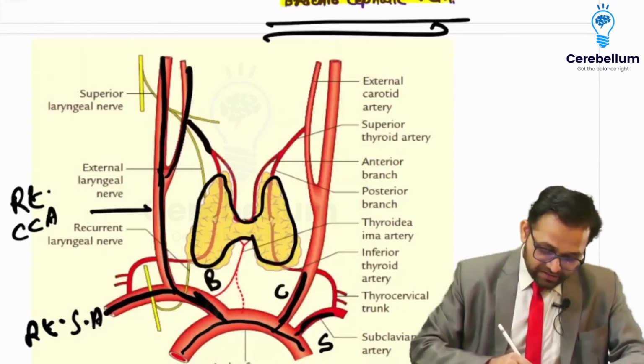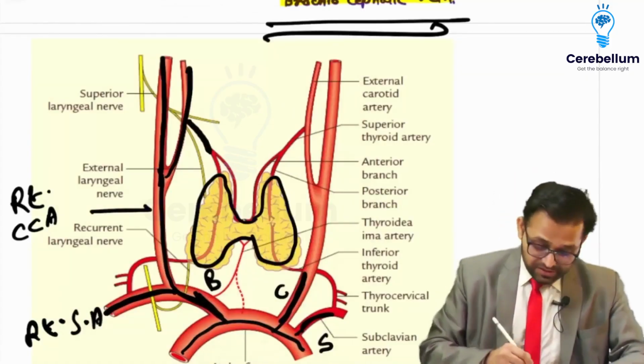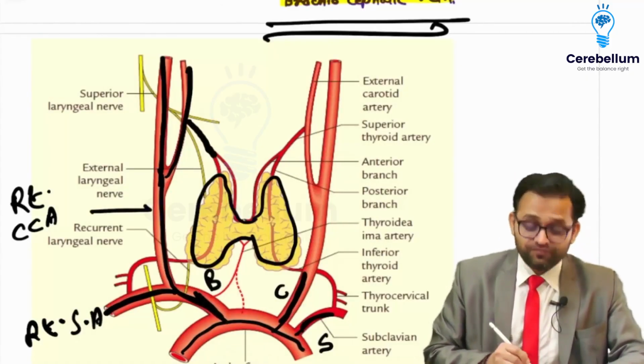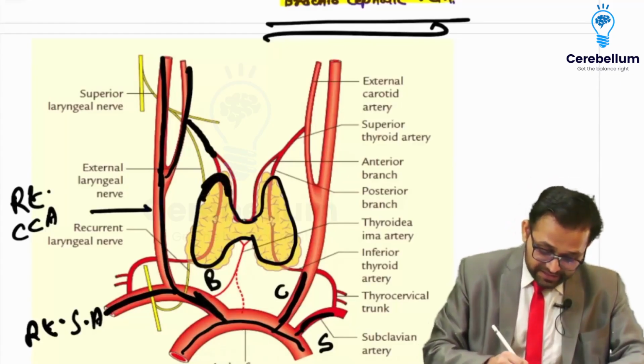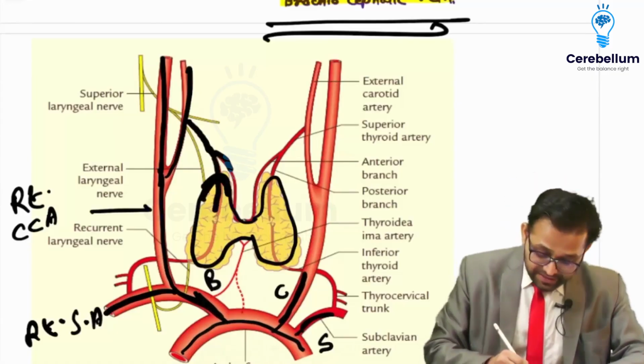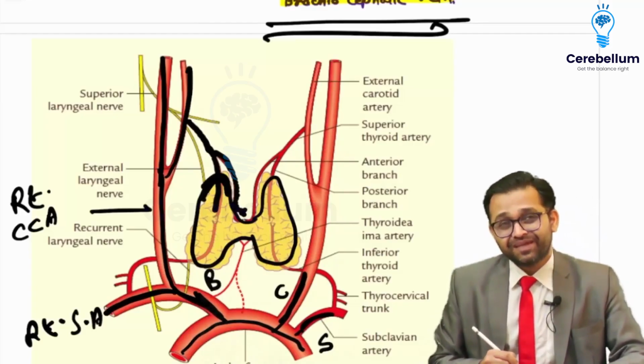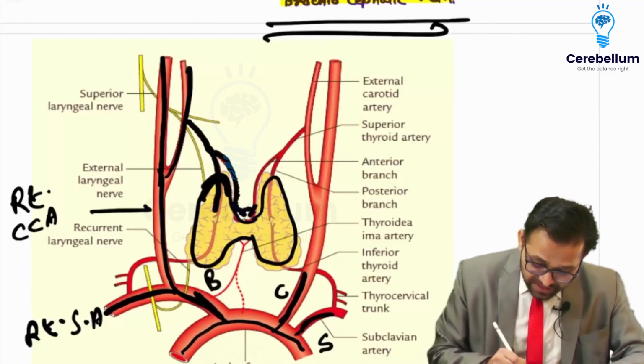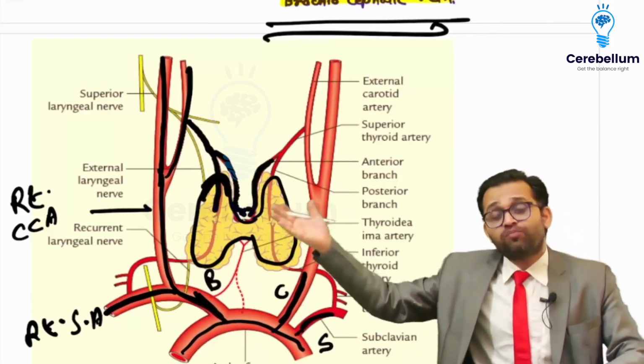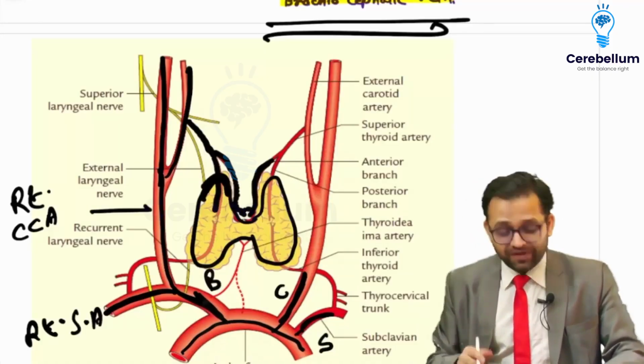This superior thyroid artery is coming down, descending, reaching near the apex of the thyroid gland, and it is dividing into the anterior and the posterior division. The anterior division is running along the anterior border and then the superior border of the isthmus, and it is anastomosing with the same artery of the opposite side. Okay, fine.